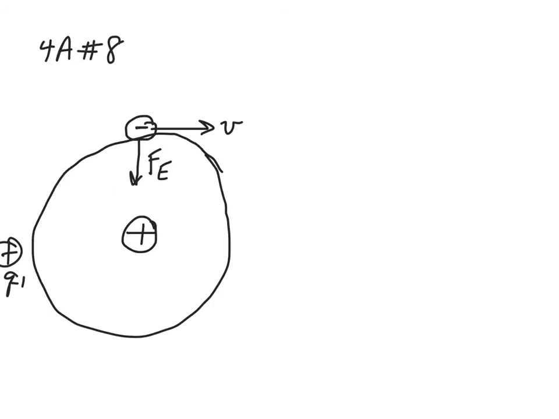Okay, problem 8 and problem 10 are on the hydrogen atom, and problem 9 on another important historical experiment, the Rutherford scattering experiment that tells us about the structure of the atom.